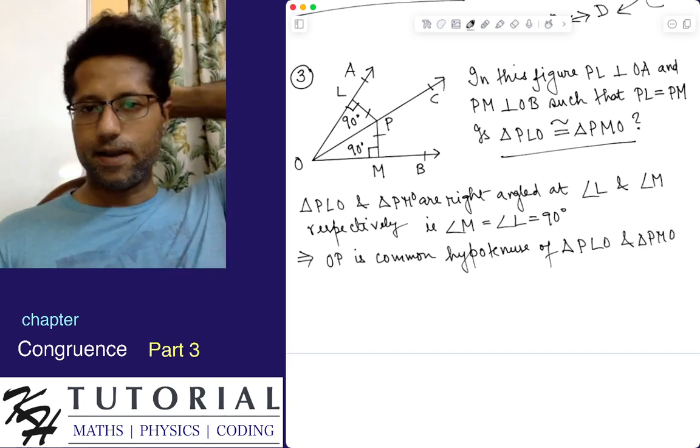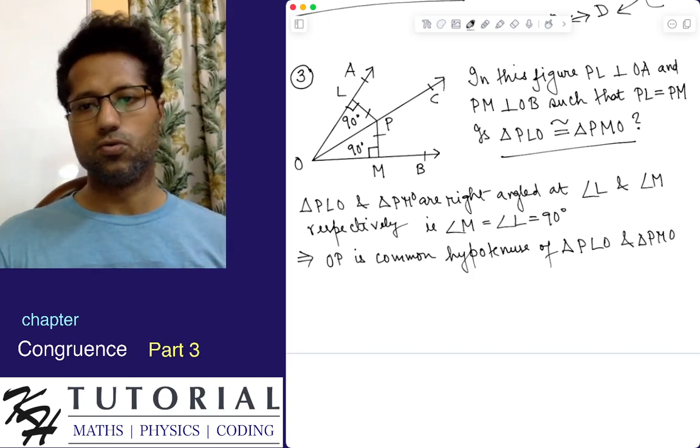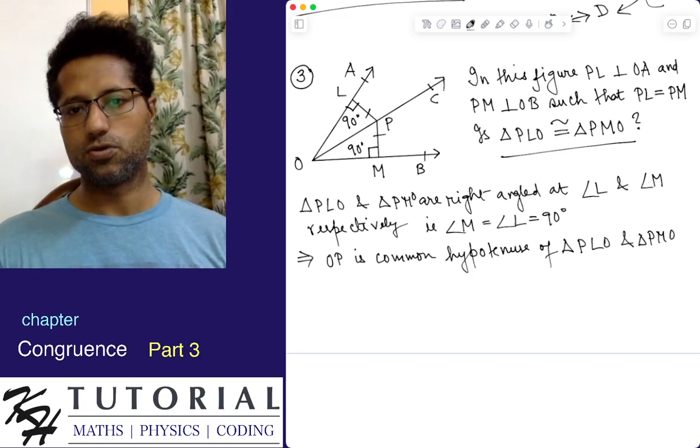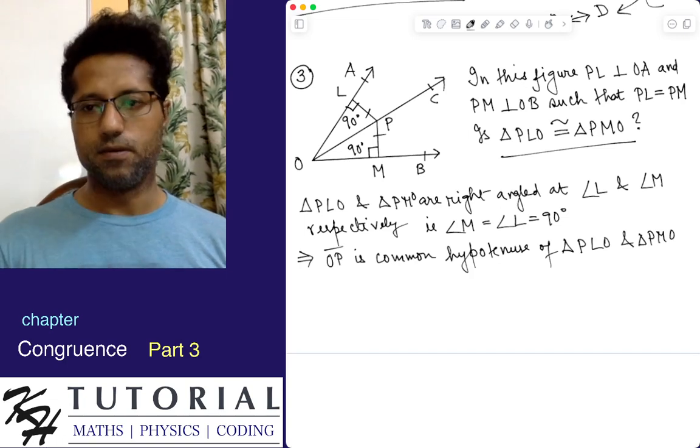So we can see that the hypotenuse of triangle PLO, which is OP, is equal to the hypotenuse of triangle PMO, which is also OP.